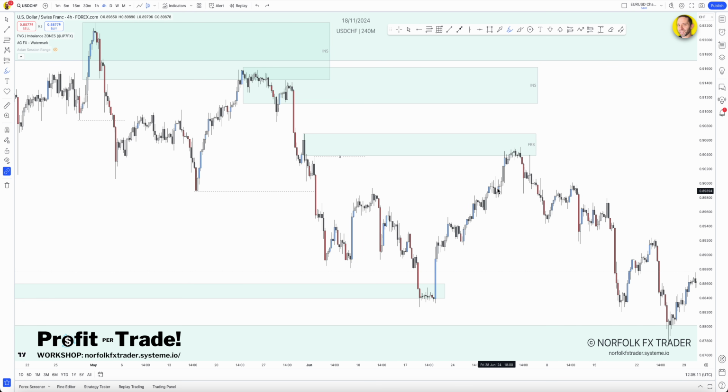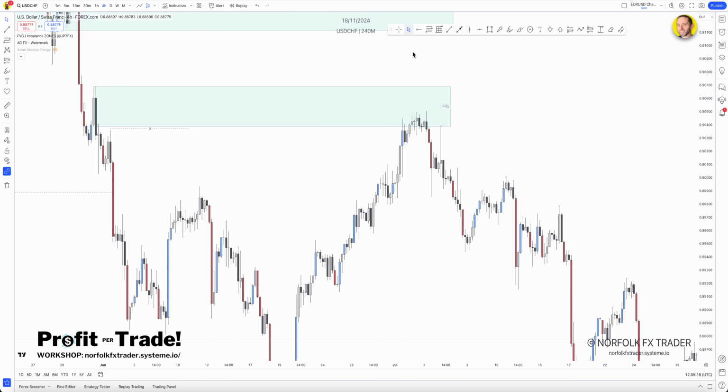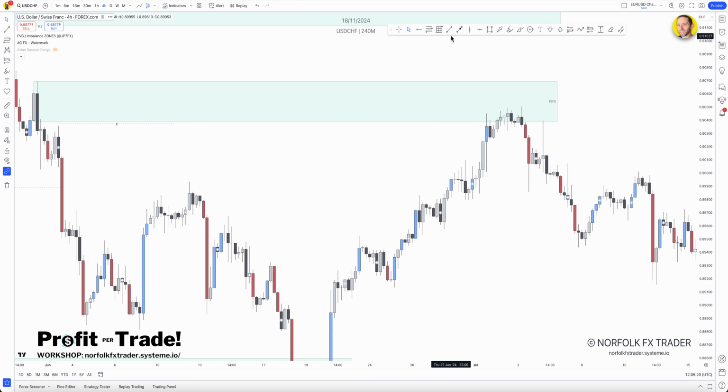And again, within this move up, what are we going to create? We're going to create that fractal demand. So we just zoom in. We can identify we had a break of structure to the upside. Okay, this is going to create an area here of demand. Price bounced off and then eventually has broken through.